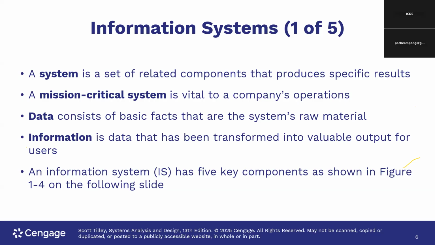All these things are related components. Now, a mission critical system is basically what is vital to the company's operation. If the system goes down, that means the business stops.